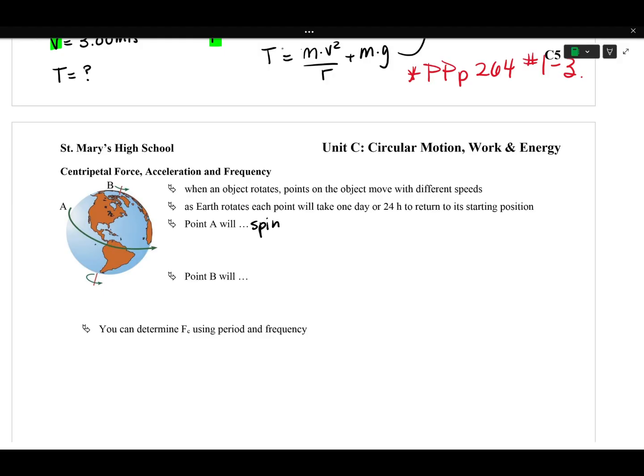Okay, so when you look at this diagram, point A at the equator will spin faster because it has a greater distance to travel in 24 hours.